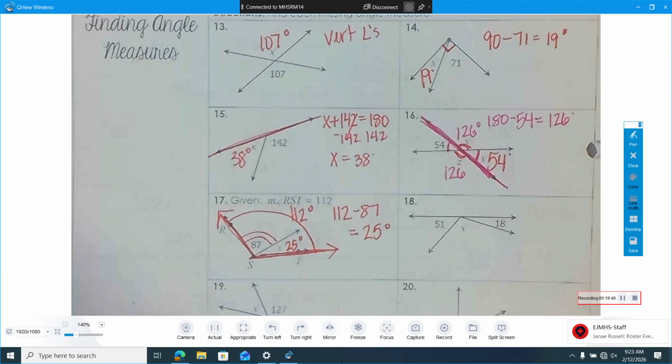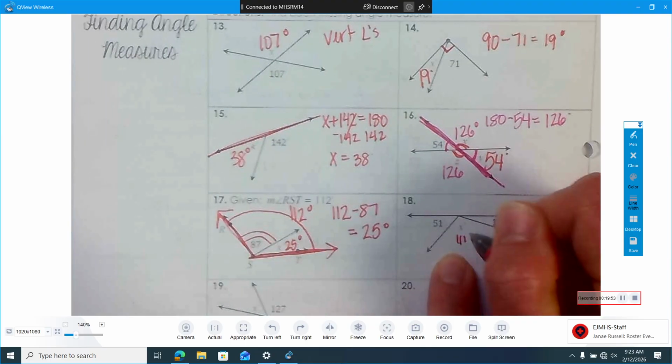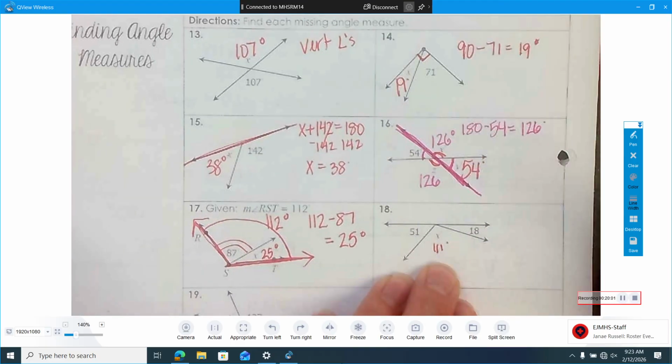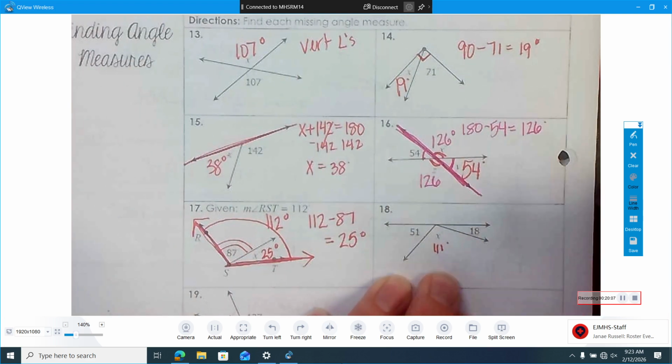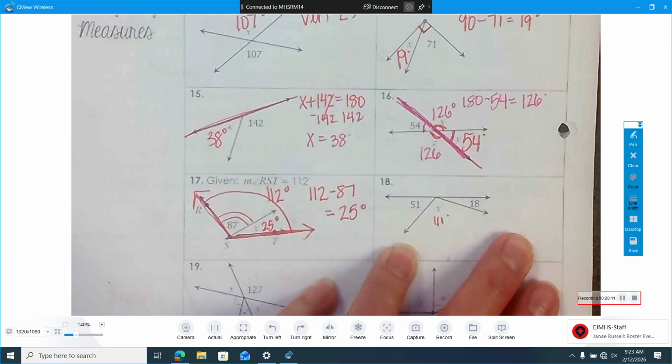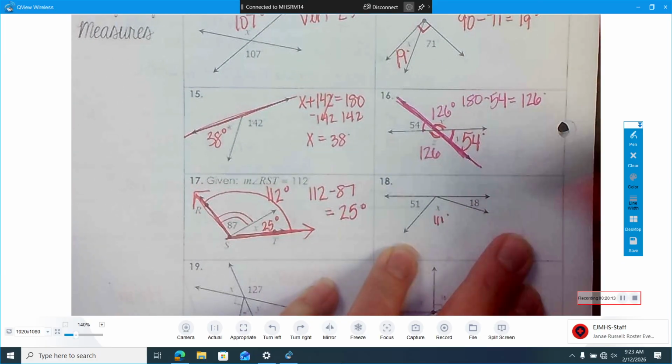What about 18? How'd you get 111? All right, very good. All three of these should add to be 180 degrees. This is called a linear triple. They all three add up to be 180.